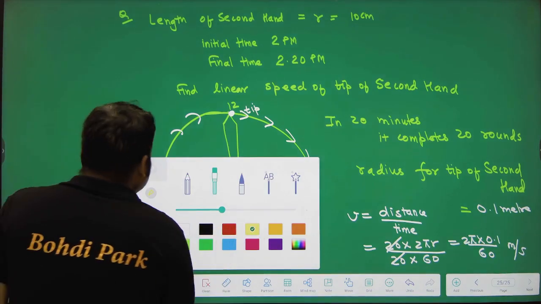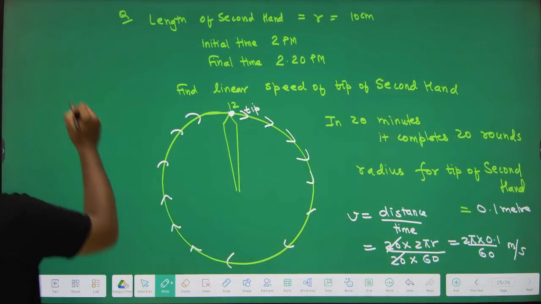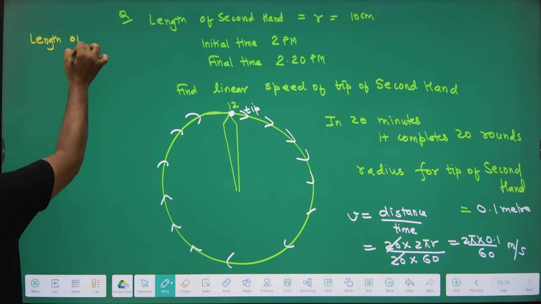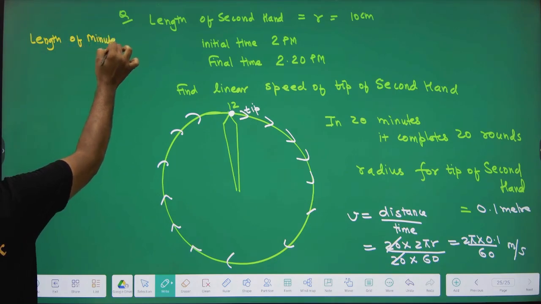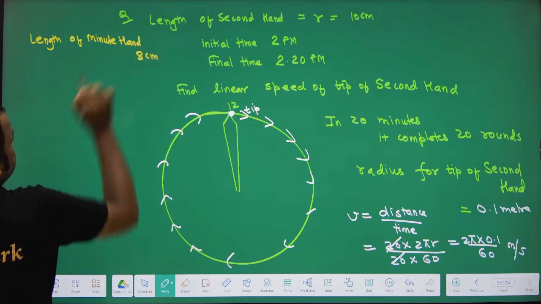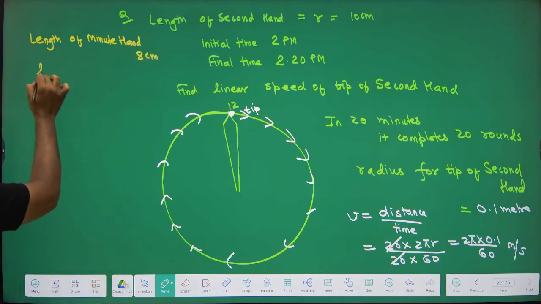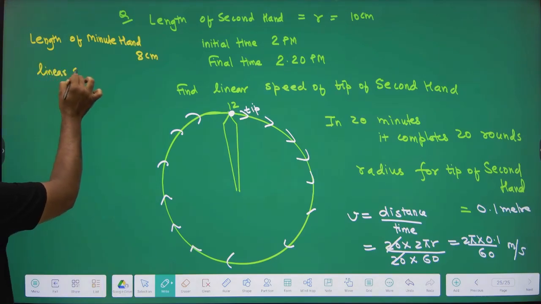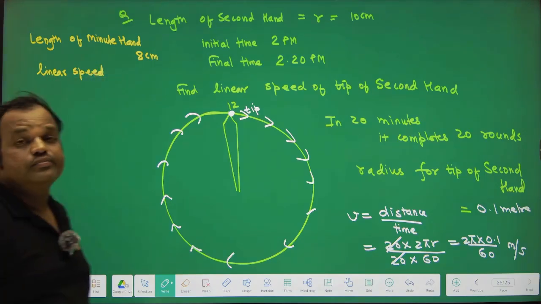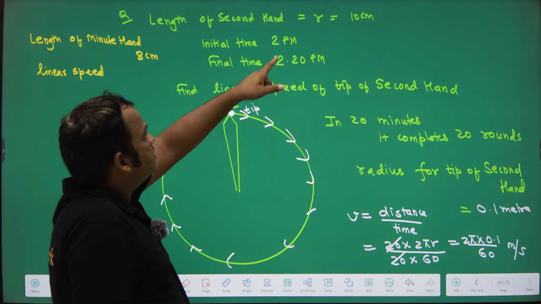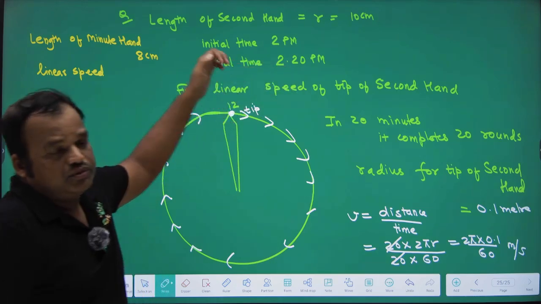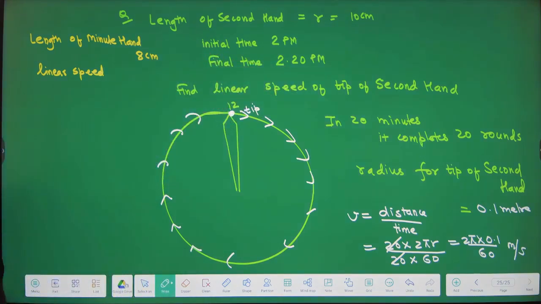If question is asking what is the linear speed of minute hand, so suppose the length of minute hand is given as 8 centimeter. Then how to calculate the linear speed of minute hand? So the time is changing from 2 p.m. to 2:20 p.m. So the time taken is 20 minutes.